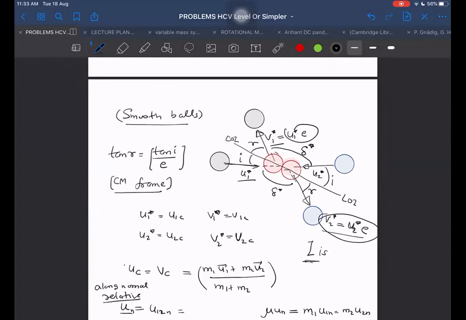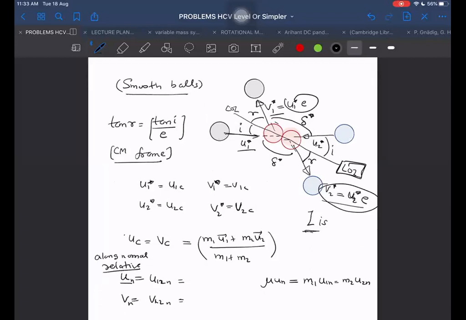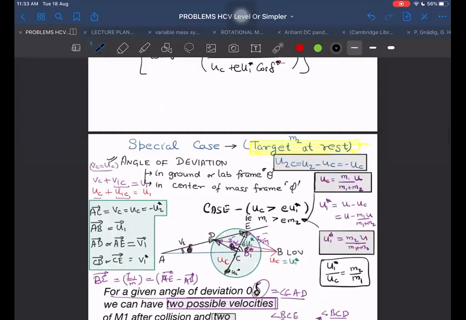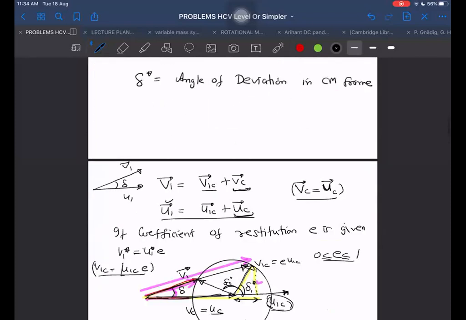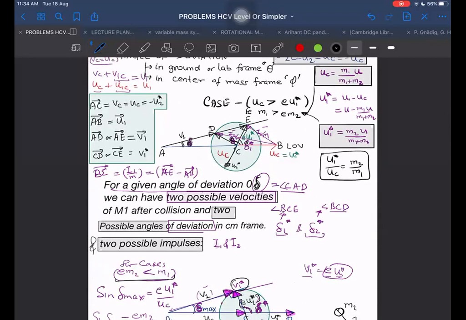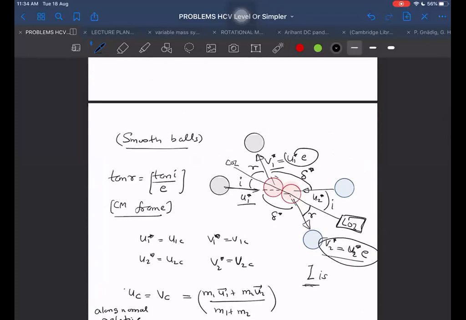No, not necessarily in the direction of V1 star. Sorry, I'm saying it wrong. Impulse is not in the direction of V2 star. See, impulse is in this direction and V2 star is in another direction. There is an angle in between. With respect to the center of mass, the line of impact is not in the same direction as the line of velocity.